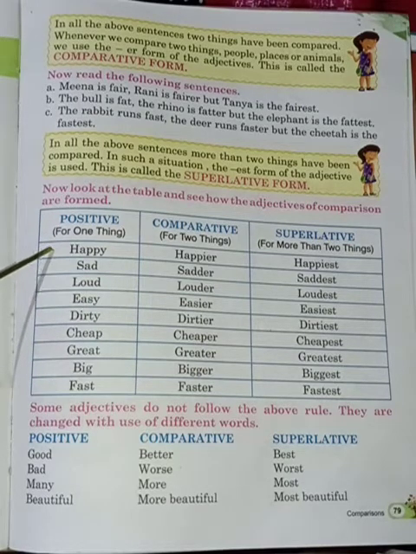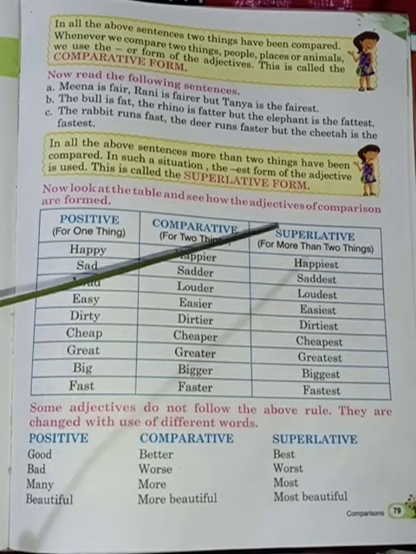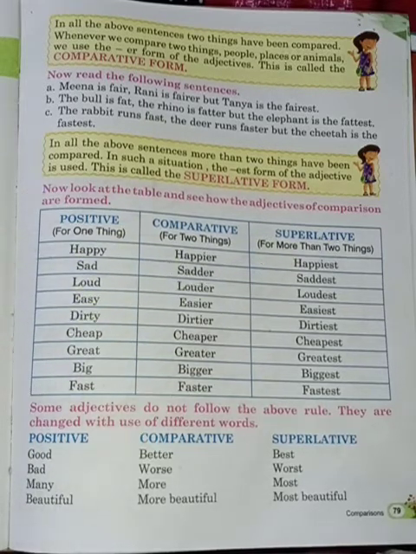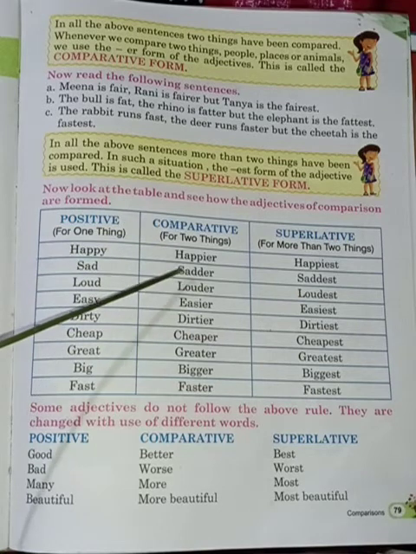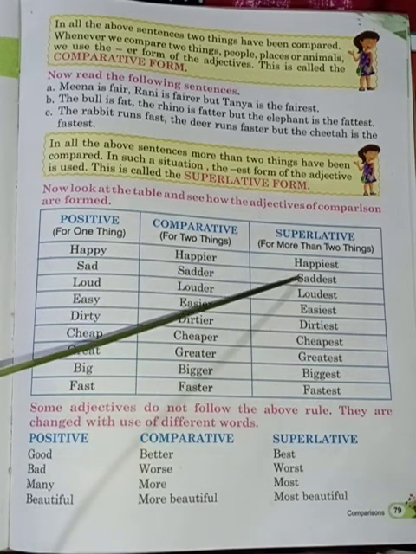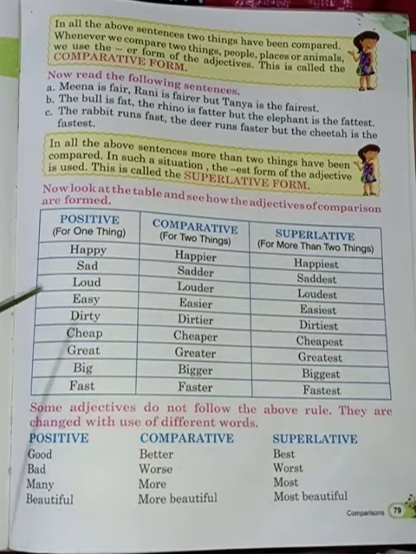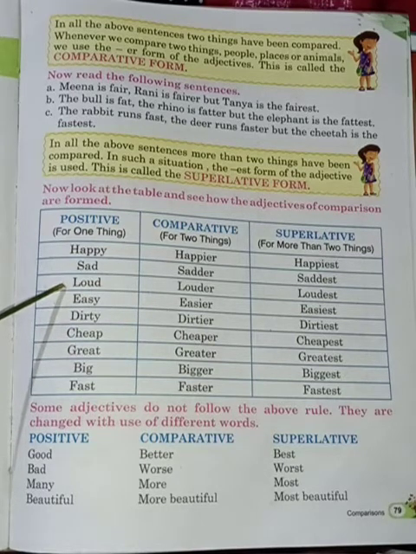Happy means खुशी या सुखी. Then comparative, happier. Superlative, happiest. Next, in positive, sad means dukhi. Comparative, sadder. Superlative, saddest. Next, positive, loud means ऊंचे स्वर.